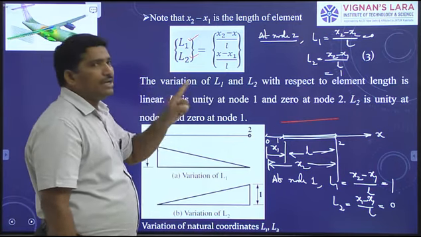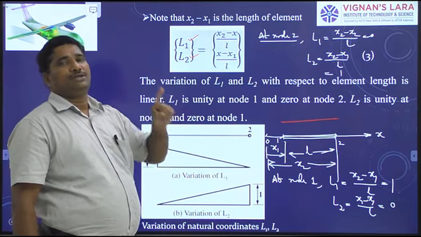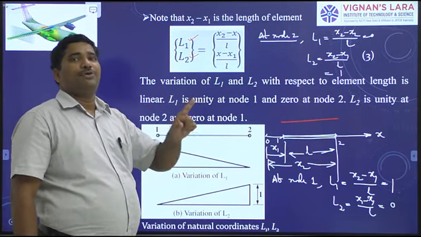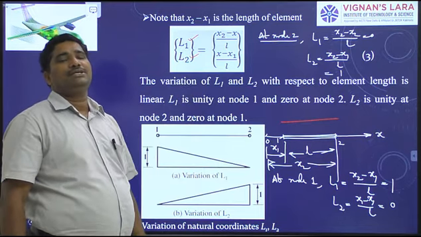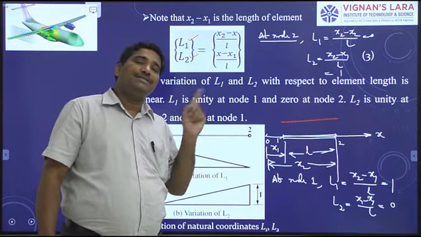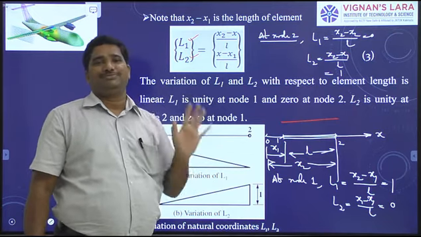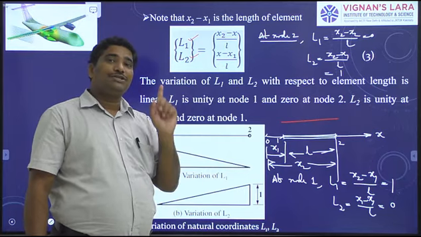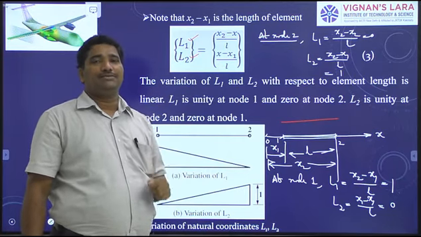If L1 is unity, L2 is 0 at every point. If L2 is unity, L1 is 0 at every point. If L1 is 1 by 2 at any point, at the same point L2 is 1 by 2. Because natural coordinates never exceed unity.